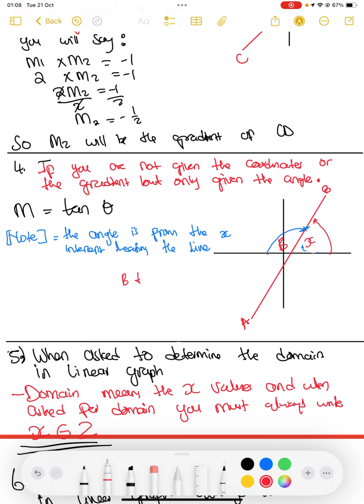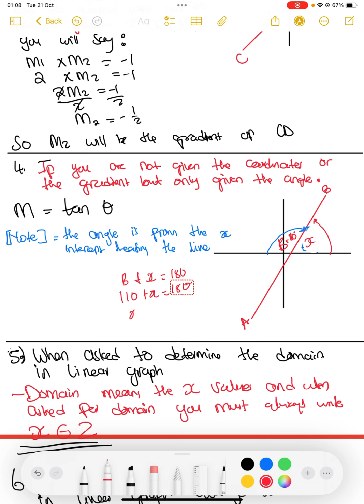So you're going to say beta plus x is equal to 180. Let me just say you are given beta equal to 110 degrees. You can't use 110 degrees to get the gradient, so you say 110 plus x equals 180 degrees.